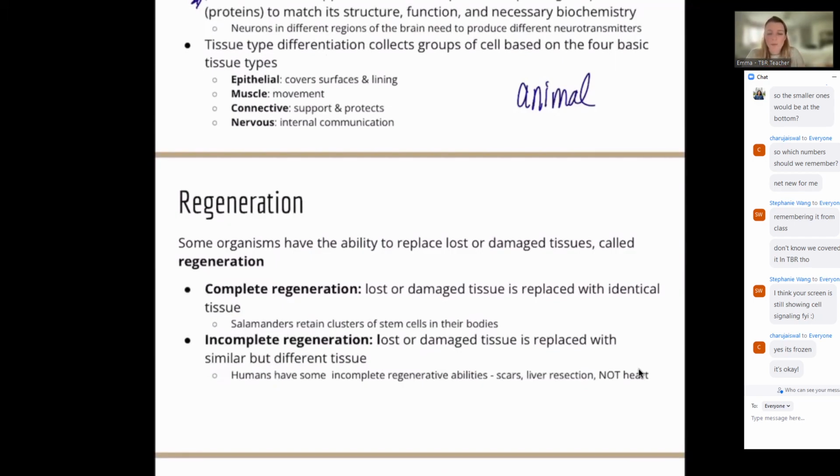Physiologically, it's important to remember that not all tissue in the human body is regenerative, which is why heart attacks are so serious. Heart tissue is a very common example of tissue that doesn't even have incomplete regenerative abilities. If you have a heart attack and that muscle does not get blood in that area of the heart, it's dead. There's no coming back. It's not going to become a different type of muscle cell.